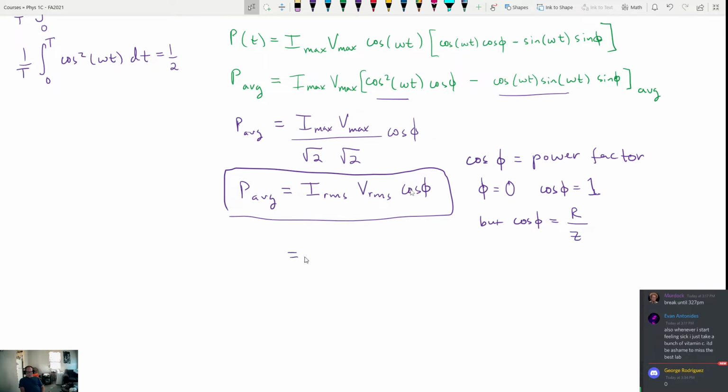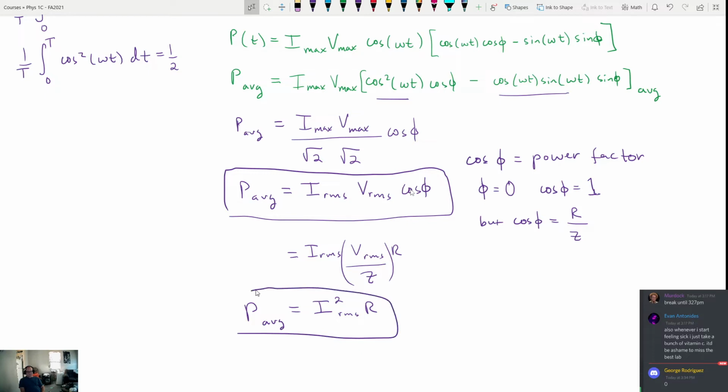And if we plug that in here, and then do VRMS over Z, we know that this is IRMS, so we get this relationship. And that's pretty neat, because this is exactly like what we have for DC circuits, except it's RMS current. So I squared R is still what the average power output in one of these circuits is.